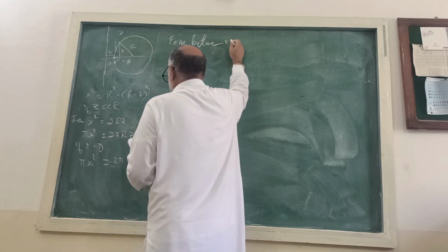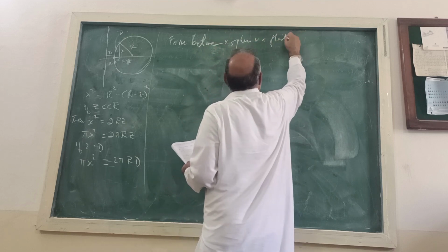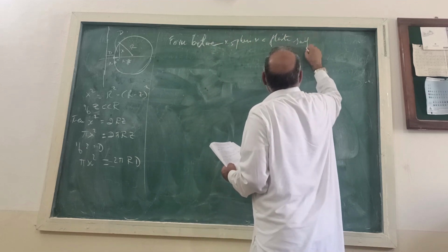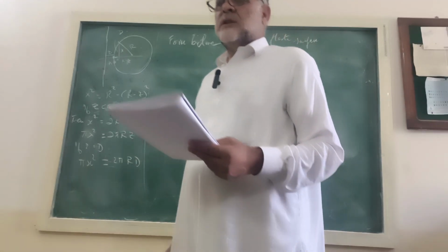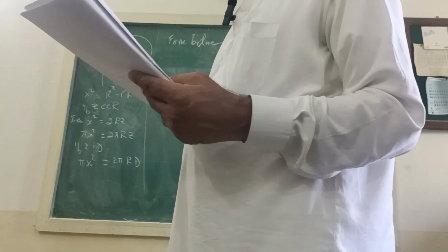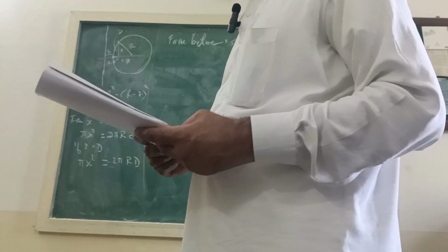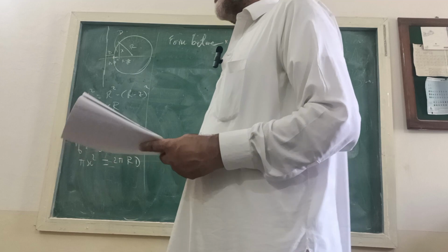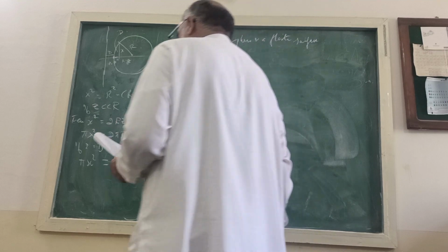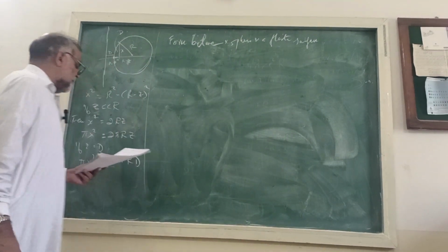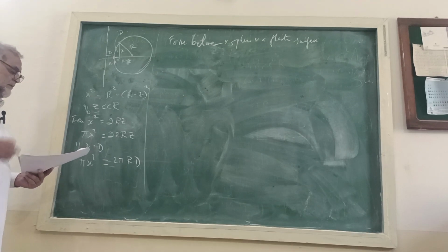We know the energy, and we can derive the force from there, because the gradient of energy is force. So we know the interaction energy between a sphere and a plate surface.